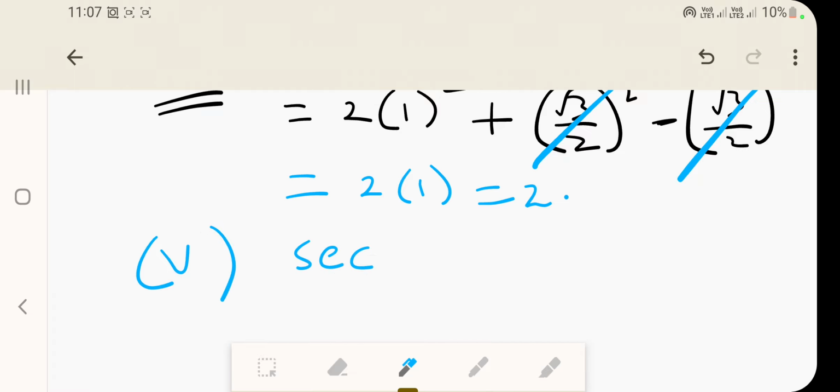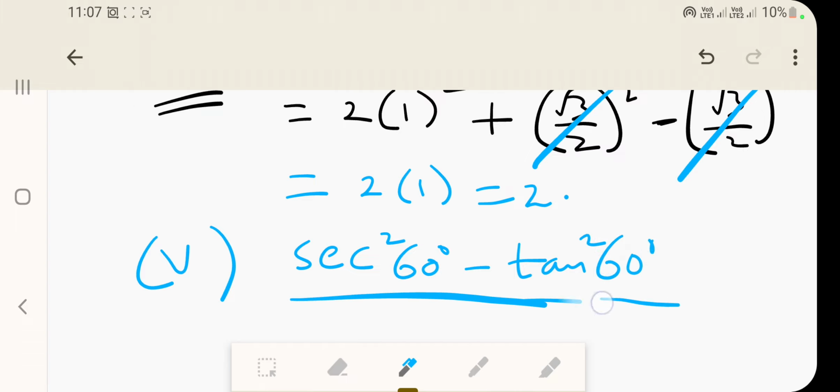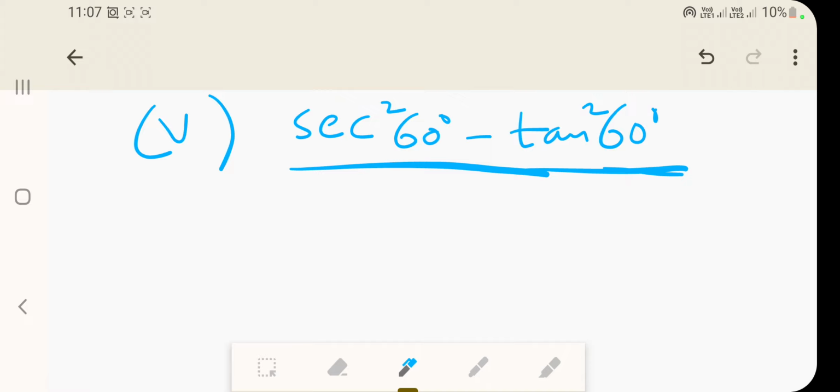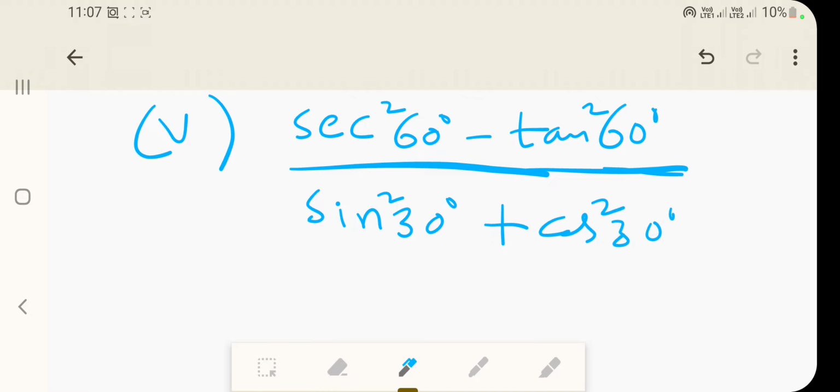Now we have secant square 60 minus tan square 60, whole divided by sin square 30 plus cos square 30. So if you remember the values, you can easily solve these problems.